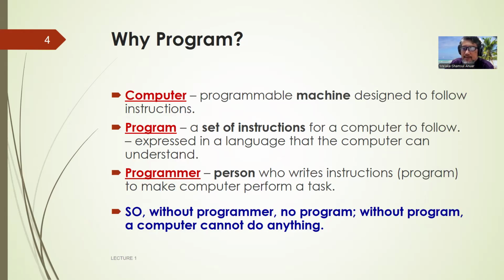A programmer is a person who writes instructions, or we call it the program, to make the computer perform a task. So without a programmer, no program. Without a program, a computer cannot do anything. So a computer needs instructions, and those instructions come from the program.